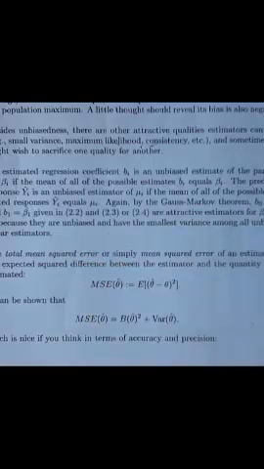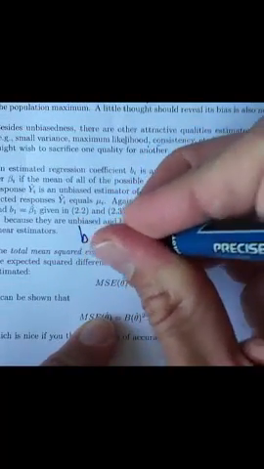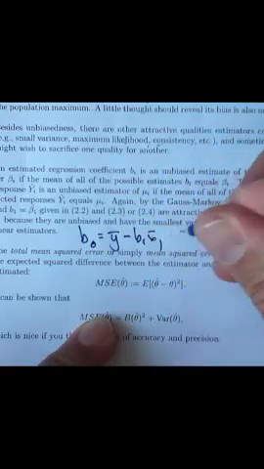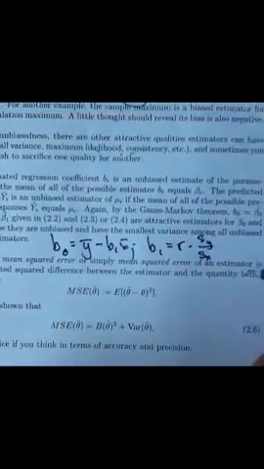So you can think of it as our b naught, which is y bar minus b1 x bar, and b1, which is r times s_y over the standard deviation in the x values.